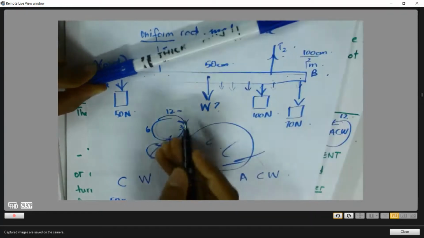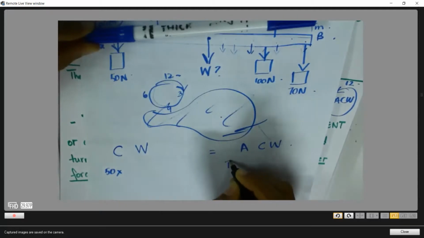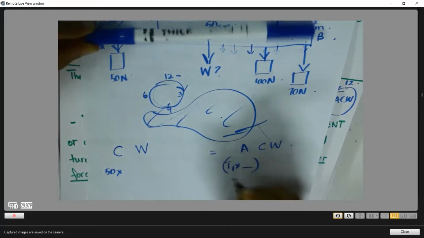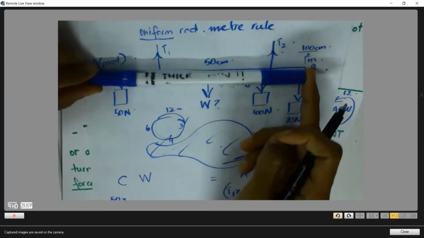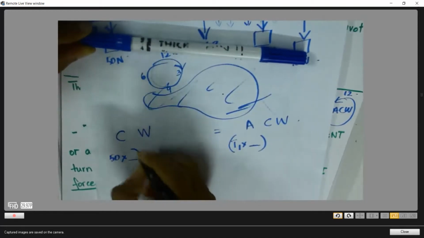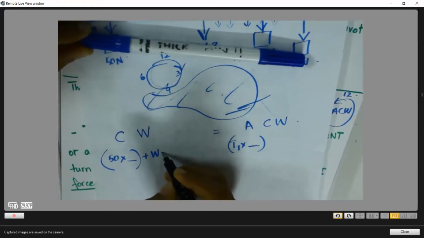This is anti-clockwise, okay? So I will write it here, T1 into whatever the distance is, okay? And so on and so forth. What is this W doing? Moving it this way. This is clockwise. So that will come here, okay?